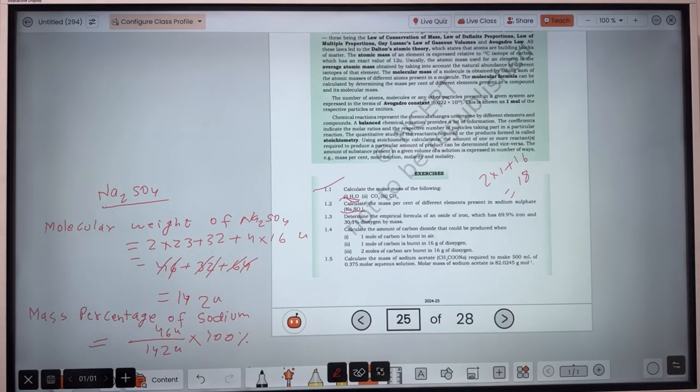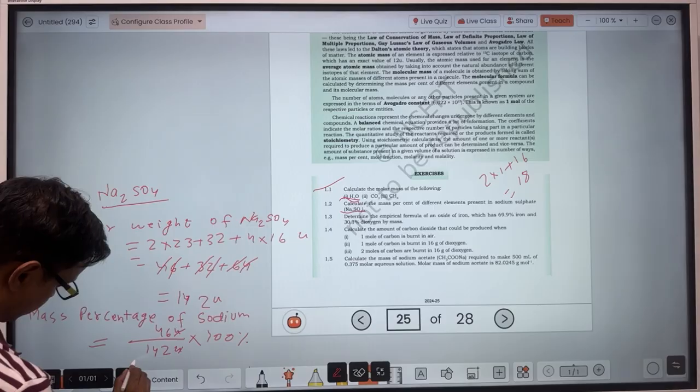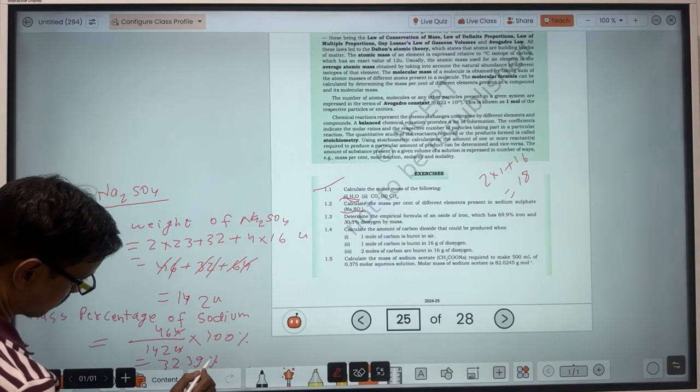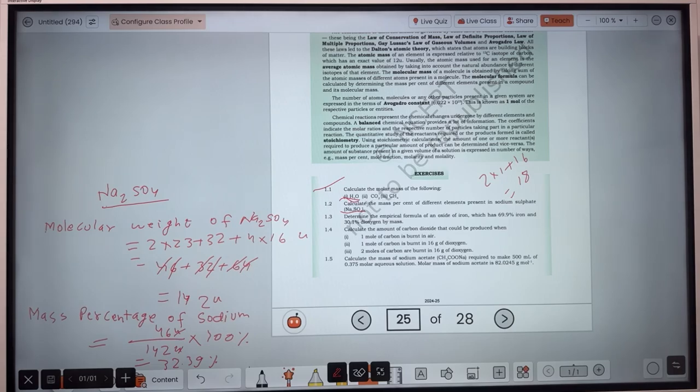Calculate this one, 46 U upon 142 U. The U cancels out. So mass percent of sodium is 32.39%.